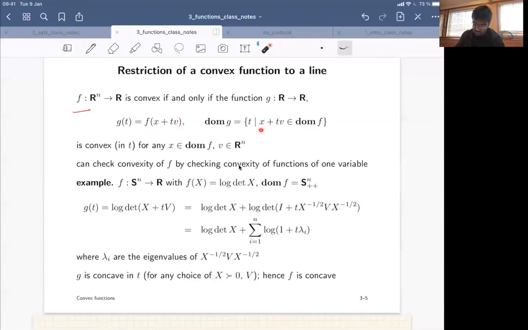So if you fix a particular x, and then pick any arbitrary direction v, then we form x plus v, x plus 2v, x plus 3v, like that, and then you are evaluating the function on that line.